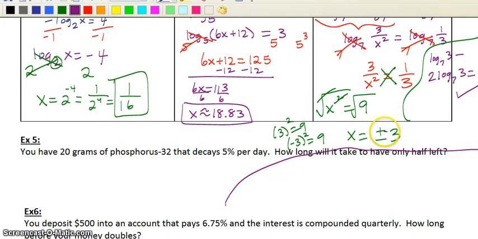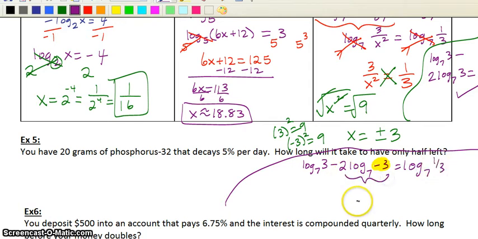Now, when I try to check the negative 3, what happens is I end up with that situation I was talking about at the very end of our notes on section 8.5, which is when I get a negative statement right here. It's not possible because remember, this log statement is right now asking me what power of 7 gives you a negative 3.